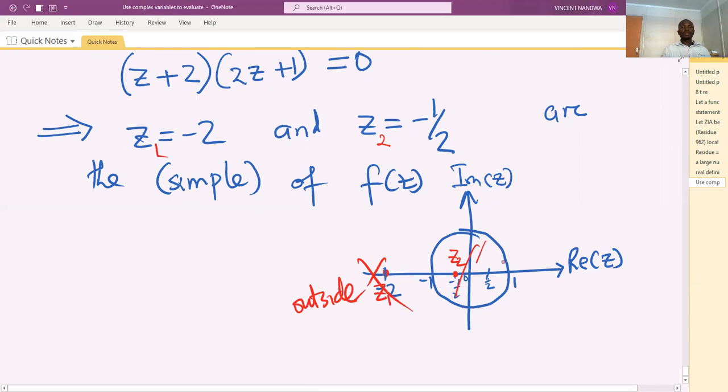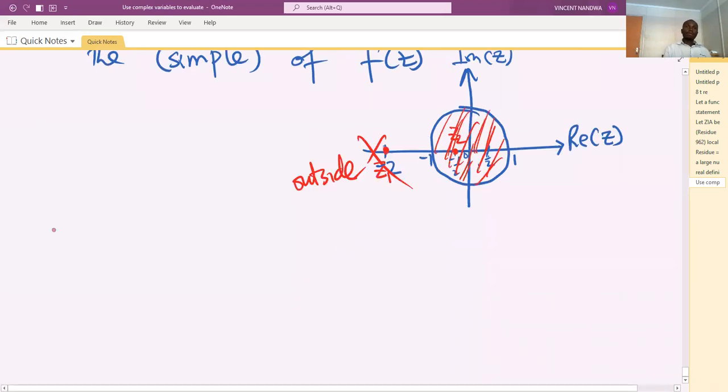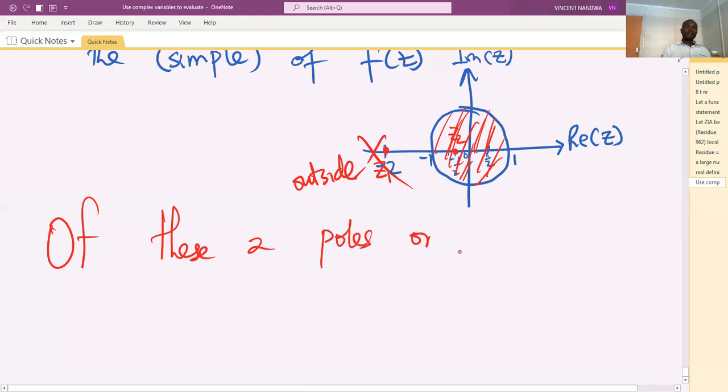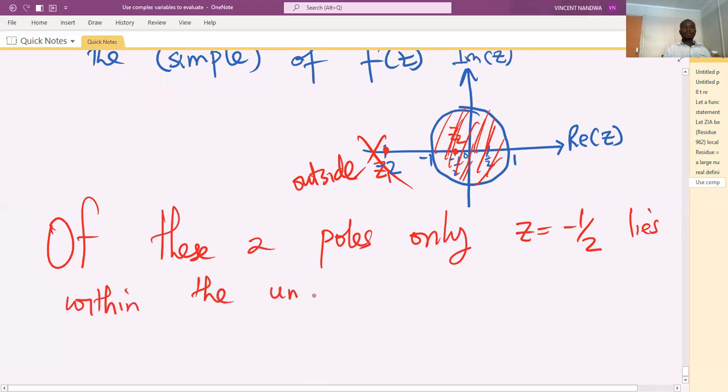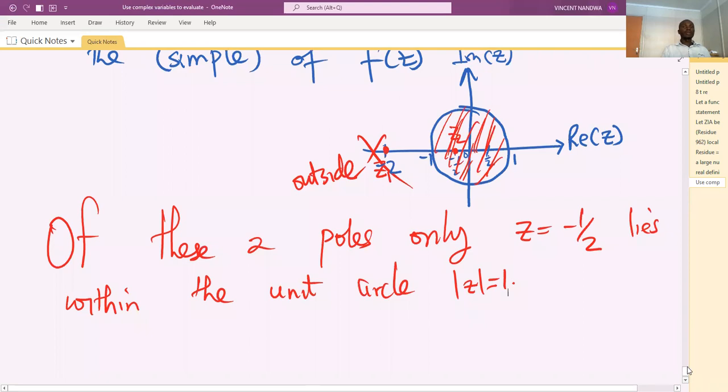We concentrate on this pole that is within the unit circle. So of these two poles, only z equals to -1/2 lies within the unit circle. So therefore, we find the residue of this pole within the unit circle.